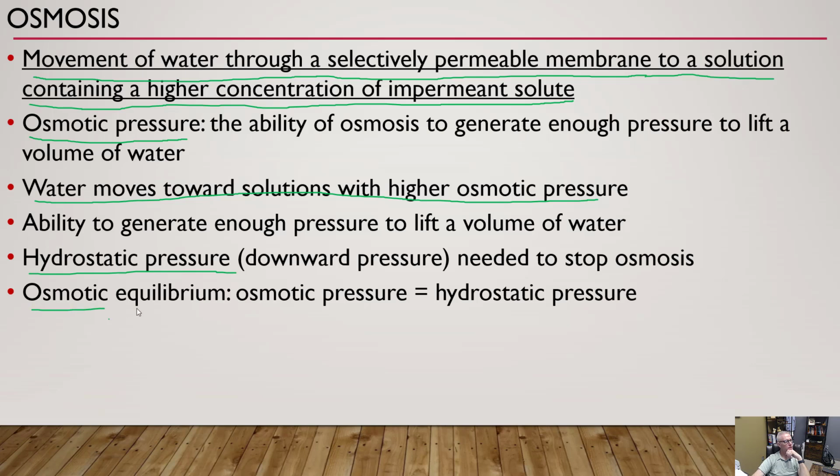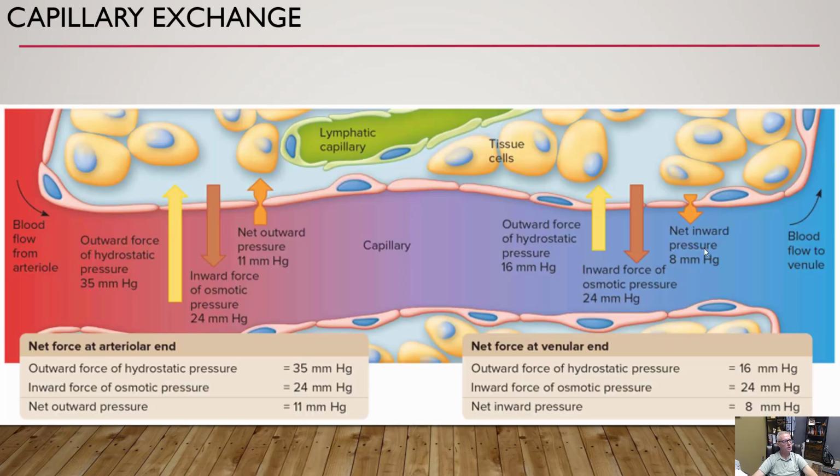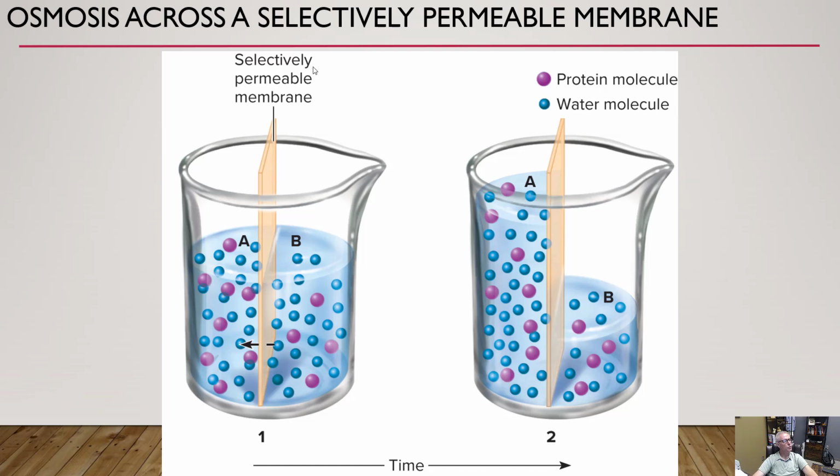And then eventually, hopefully, we'll reach this thing called osmotic equilibrium, where our osmotic pressure equals our hydrostatic pressure. All right, so we're going to skip this slide for a second. We have our selectively permeable membrane, and we have non-penetrating protein molecules that cannot cross the cell membrane.